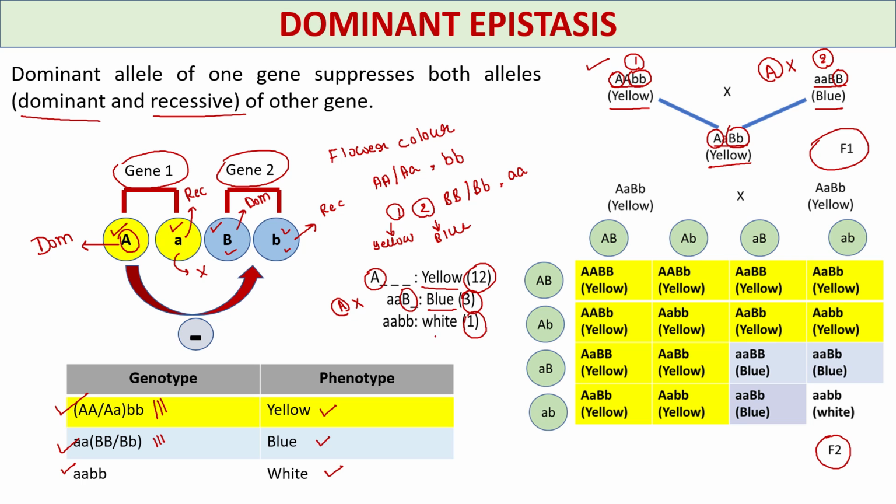One flower is white because neither capital A nor capital B is present here. All alleles are recessive. Therefore, pigment is not formed. The phenotypic ratio of the F2 generation is 12:3:1.